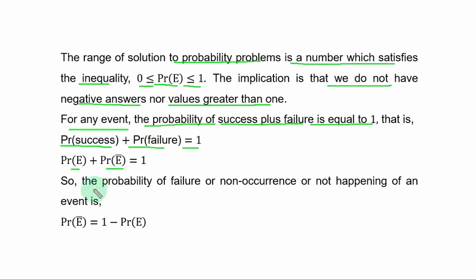So the probability of failure, or non-occurrence of an event, is 1 minus the probability of its success. So the probability that the event will not happen is when you subtract the probability of success of that event from 1.